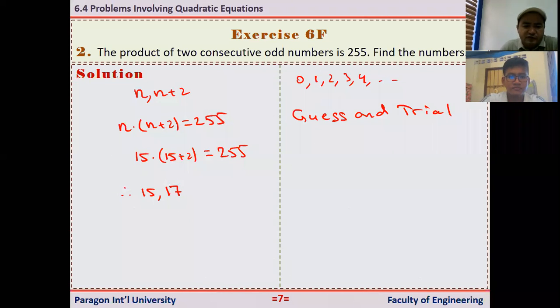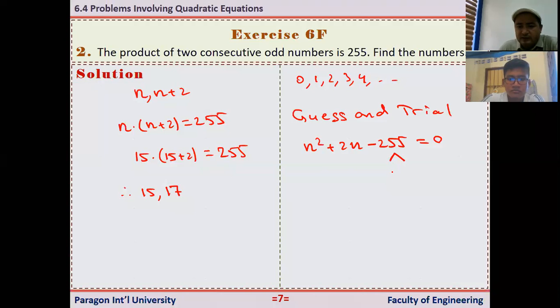If you solve the quadratic equation, we will have n squared plus 2n minus 255 equal to 0, right? I can solve this by factorization. So now we have all the methods: you can use the formula to solve this quadratic equation, or if it is possible to factorize, just factorize and solve it. Or if you know any other methods, you can use any method you like.